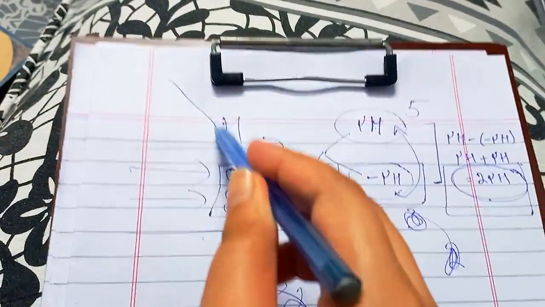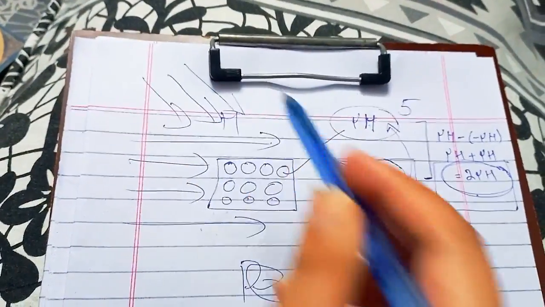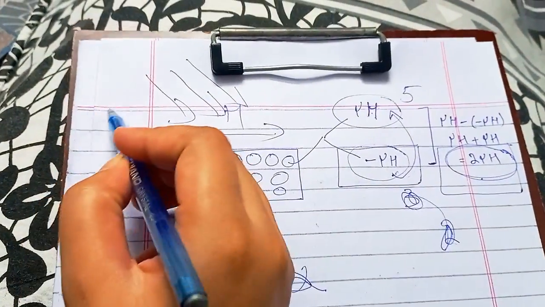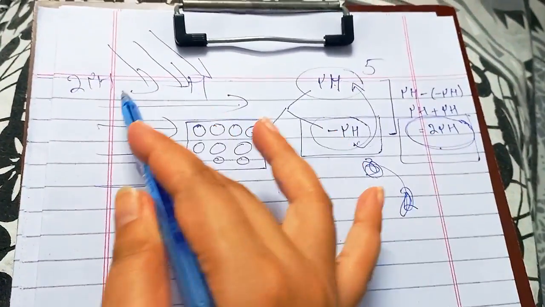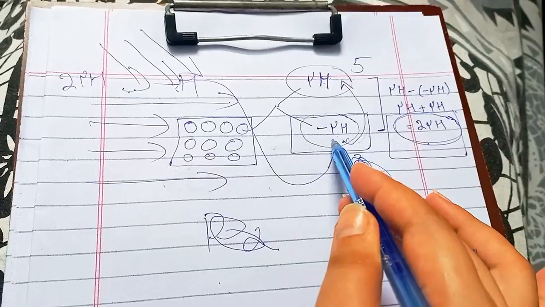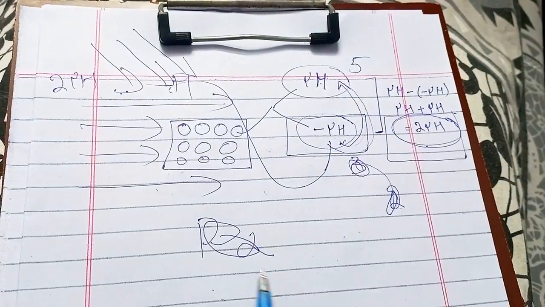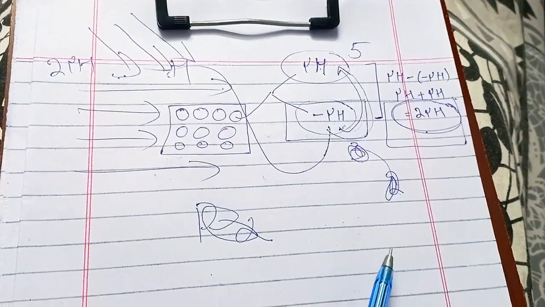If we bombard with radio frequency, meaning photons of energy 2 mu H, then this energy will be absorbed by these protons and they will transition to a higher energy state. That is something that they are saying actually.